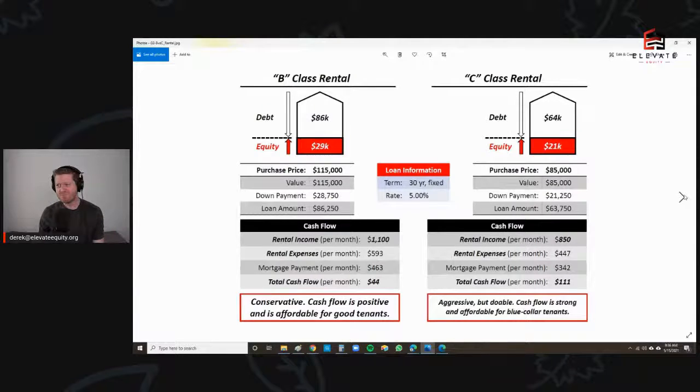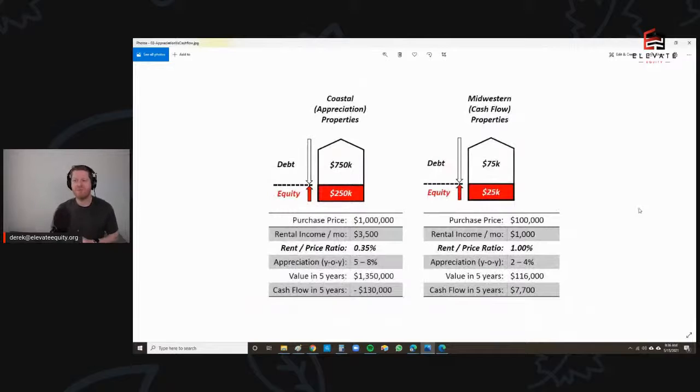One other thing I wanted to mention here is that the Midwest tends to be a place where there's a lot more inventory, and it's also just a less desirable place to be. Not that I'm saying that it's a bad place to be, but in general, there's more demand for housing on the West Coast and East Coast. So those coastal appreciation type properties are more expensive. You see more homeowners there, and so there's more demand for people to own their own homes.